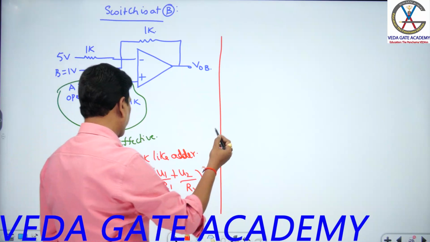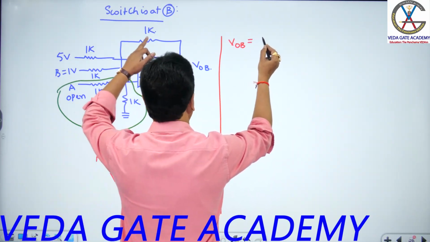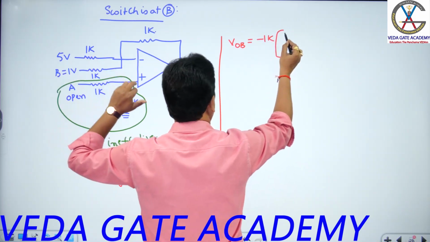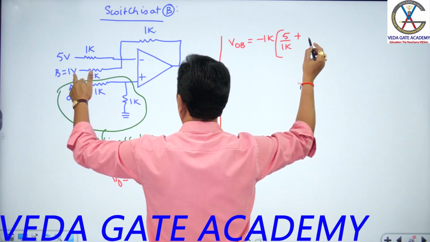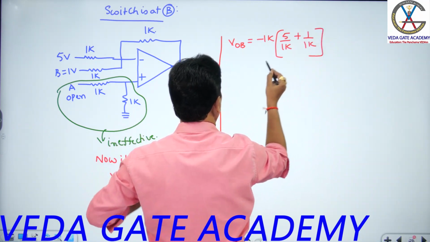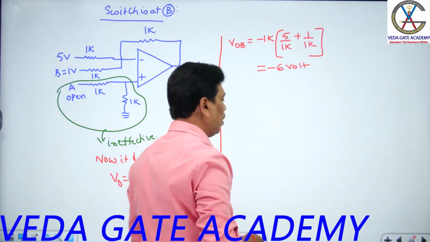Now I can go for that. V naught means V naught B, sir. RF is 1K, sir, into V1 by R1, 5 by 1K, plus V2, that is 1 by 1K. 1K cancels, sir, that becomes minus 6 volt. What you are asking, sir?